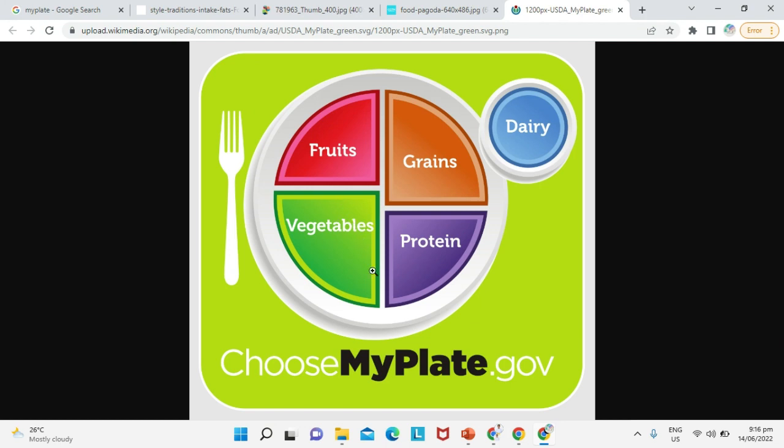Like ang proportion nga like nga ang picture is that of a plate, so that would symbolize no how a certain meal should look like. Okay, dapat daghan og vegetables.